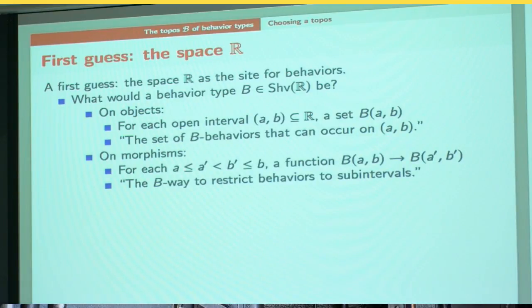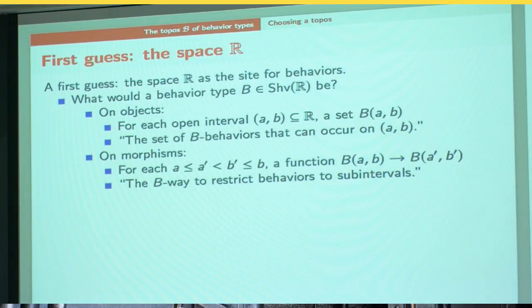And for every subset of that interval of time, so over the course of 9:30 to 10:30, what are all the possible David behaviors there that I would consider within the realm of me? That would be B of 9:30 to 10:30. But now if you take any slice of that, say from 9:50 to 9:55, you can restrict my long behavior and tell me what I'm doing over that subinterval.